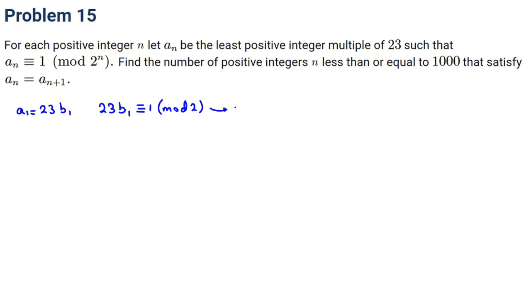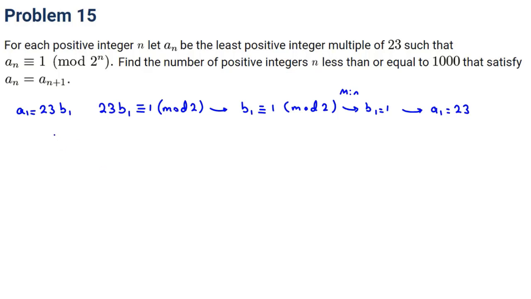So we can conclude that 23 mod 2 is 1, so B1 is 1 mod 2. Because it wants the minimum positive A_n, B1 should be minimum, so B1 will be 1. And A1 here will be 23.